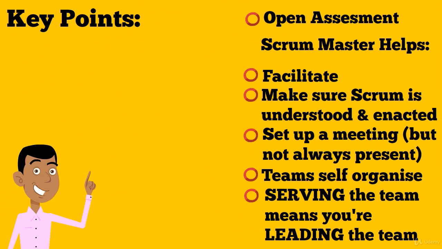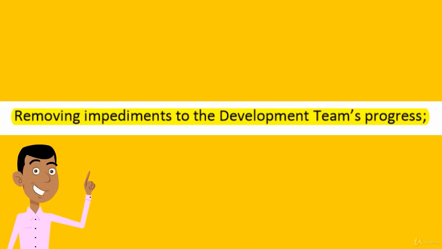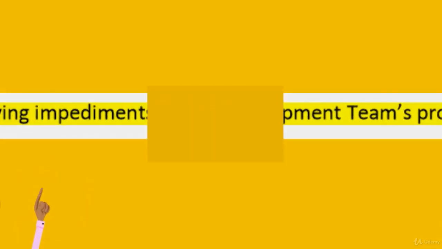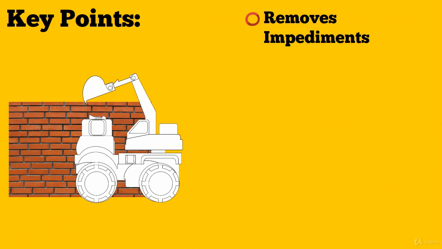I don't really need to go into too much detail about that, but the word facilitating or facilitator often comes up in Scrum, and that's something to be aware of. Removing impediments. That is the key thing a Scrum Master does, by removing any of the blockers, making sure the team can work effectively, leading and coaching the organization in Scrum adoption.